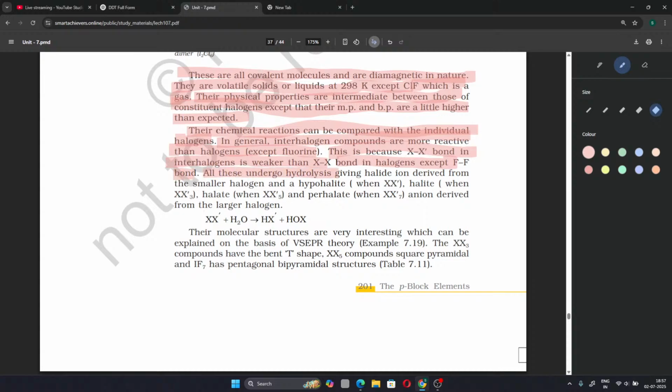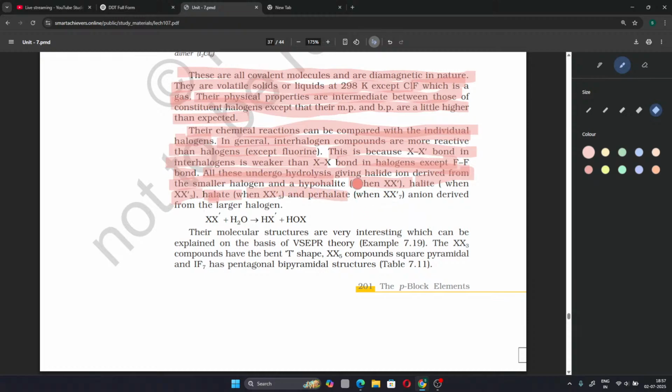All these undergo hydrolysis, giving a halide ion derived from the smaller halogen and a hypohalite, halite, halate or perhalate anion derived from the larger halogen, depending on XX', XX'3, XX'5 or XX'7.